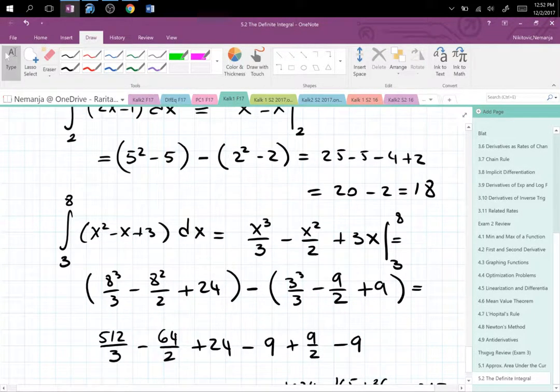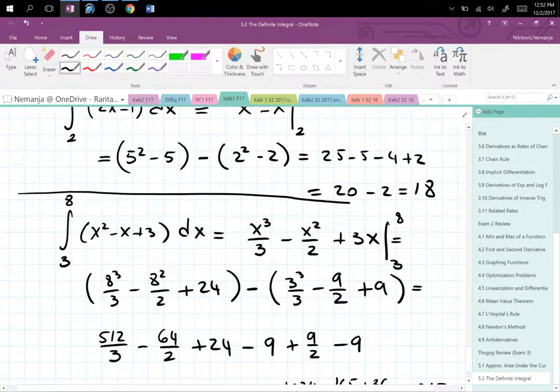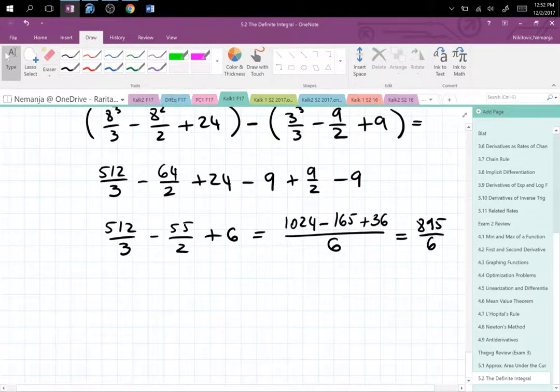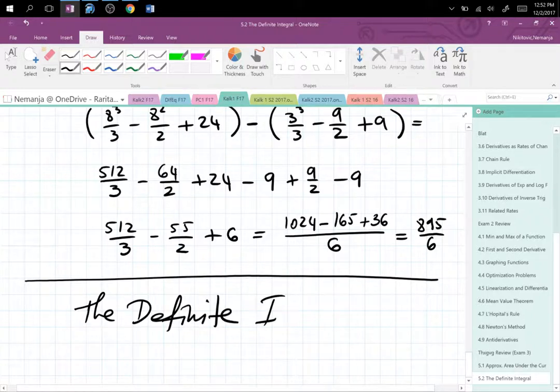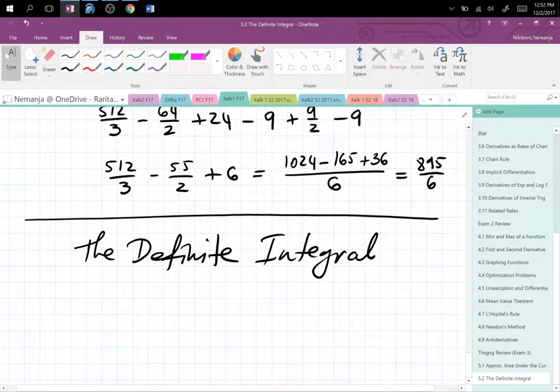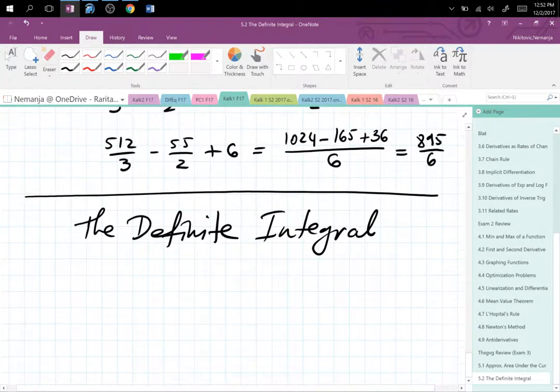So we see that these calculations are equivalent. What you've seen me calculate here is something that is called the definite integral. And the definite integral computes area under the curve.